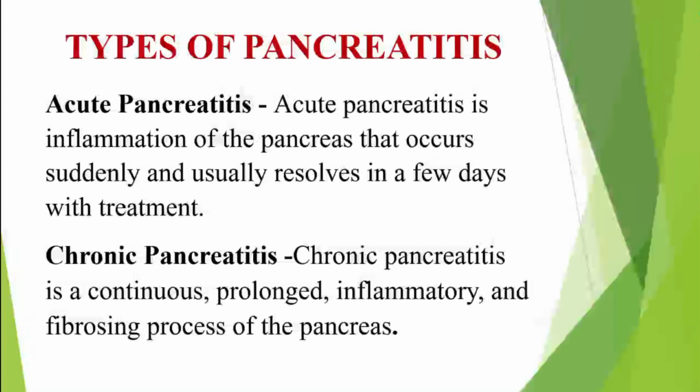Means after some months or some years, the patient is still suffering from pancreatitis. After then there is relapsing of the case. So in that case, the prolongation of the pancreatitis is called chronic pancreatitis. But in chronic pancreatitis, the cells or the tissues of the pancreas become fibrosed.